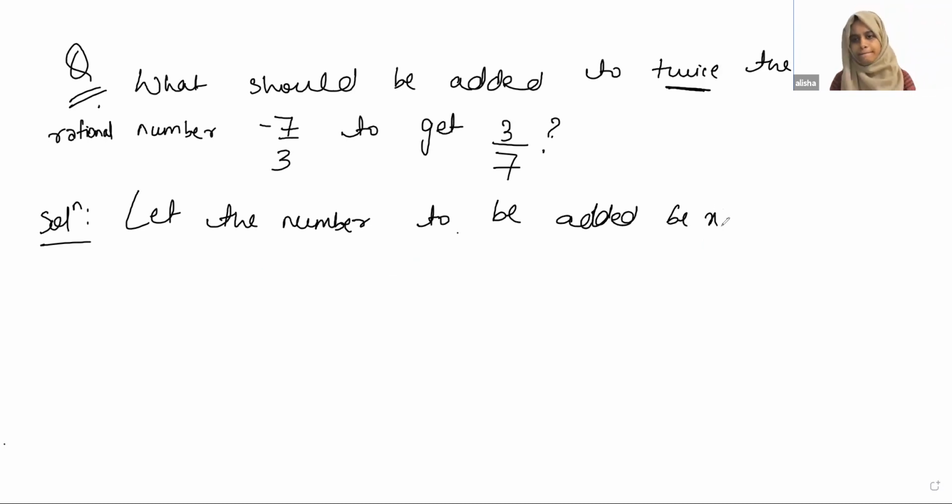Okay, Soban? Note it down. Note down this statement and tell me how will you make the equation, okay? Try to make the equation.